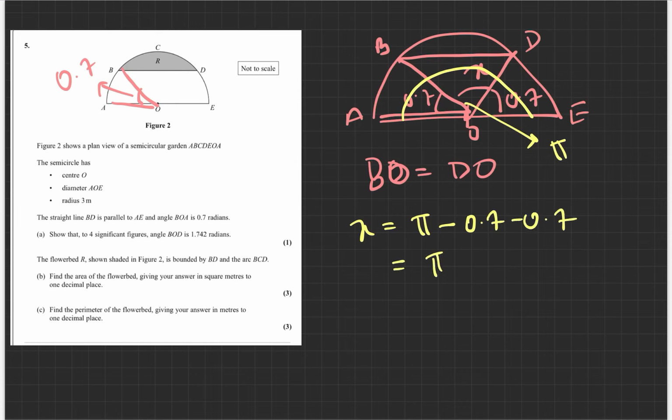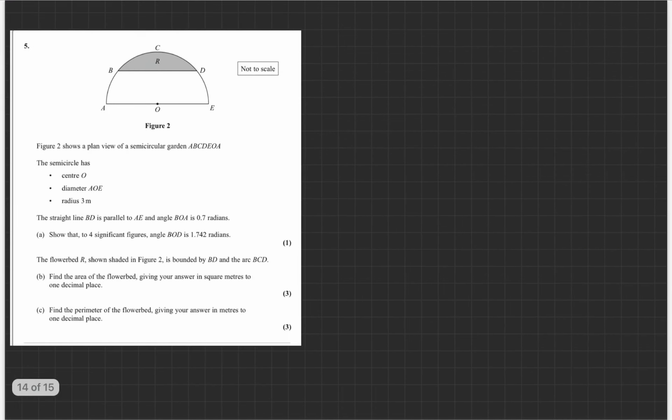So that's 3.142 minus 1.4, which will give us 1.742 radians. Exactly what we need. So this is a nice simple 1 mark question, and I hope you all understand this. Now let's move on to part B.